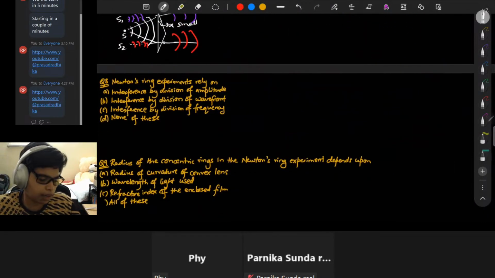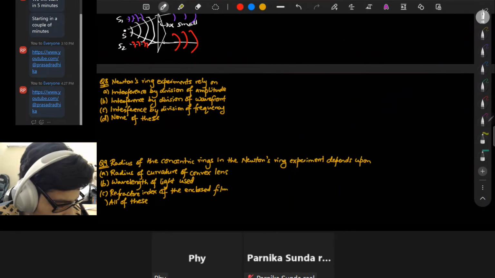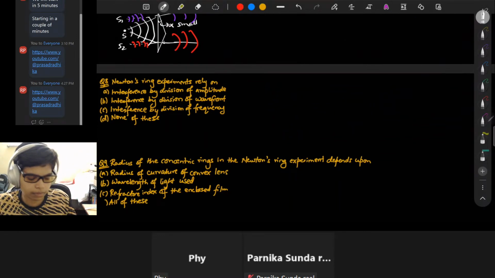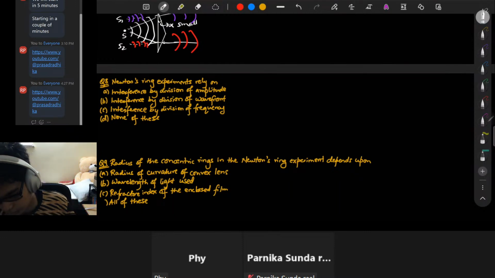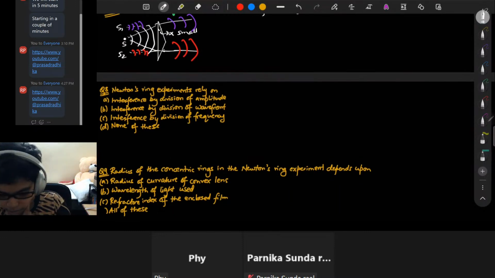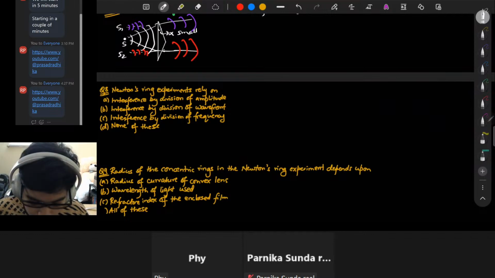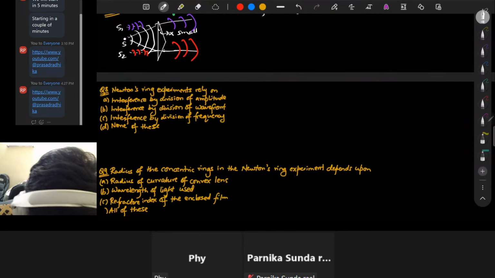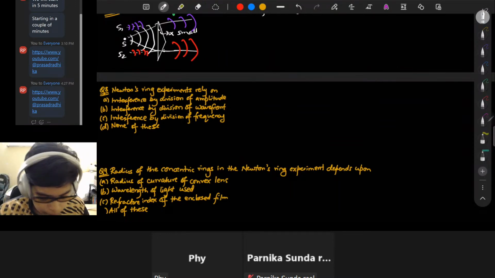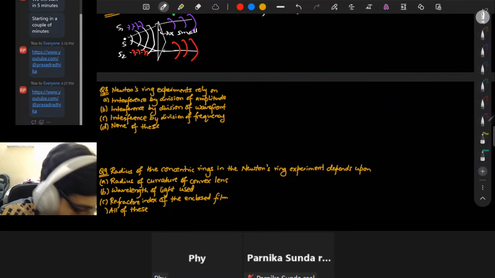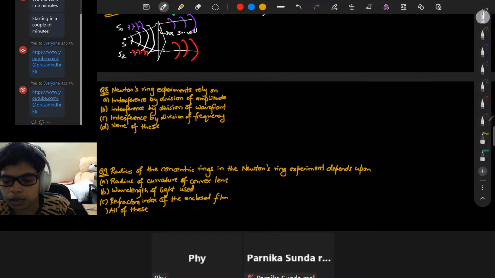This is question number 8, again on Newton's ring experiment. And we have discussed this many times over, so I believe all of you should understand and answer this question properly. So Newton's ring experiments rely on interference by division of amplitude, interference by division of wavefront, interference by division of frequency, or none of these. So I will relaunch the poll.